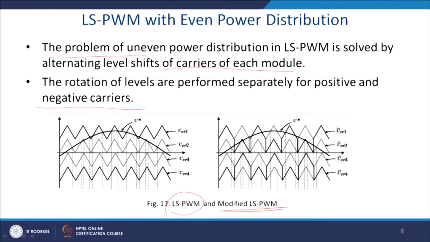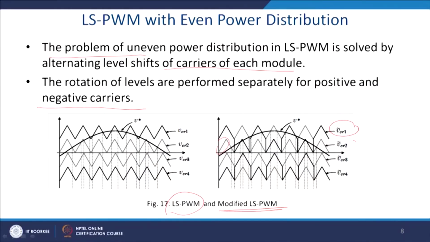So, it will come down, and this waveform which is a little gray in color, that carrier wave will go up, and then again this will go up, go down, go up, go down, like that. So, it will have a Gothic kind of structure, and that will be carrier wave 1, and this gray one will be carrier wave 2.